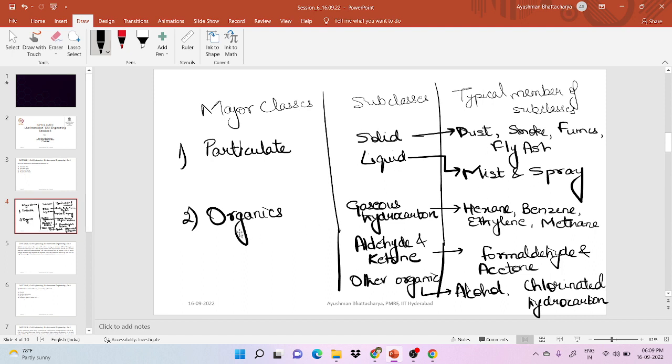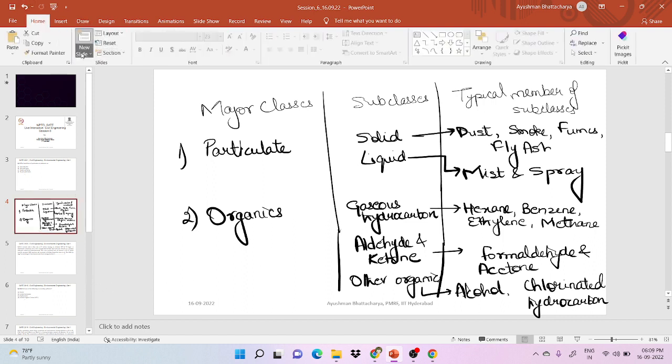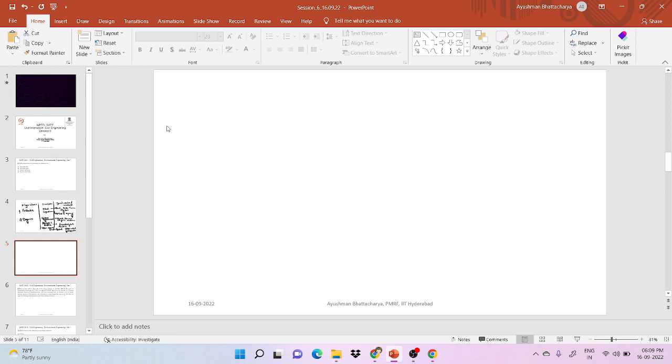Similarly in organics, subclasses are gaseous hydrocarbon, aldehyde and ketone, and other organics. The members of the respective subclasses I have mentioned here. Now coming back to the third one, inorganic.